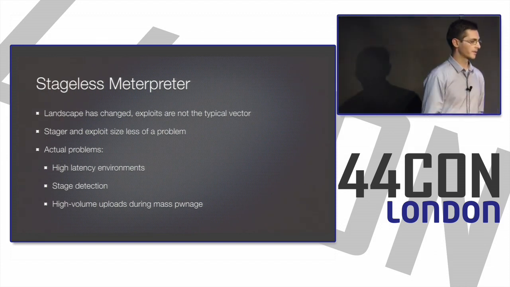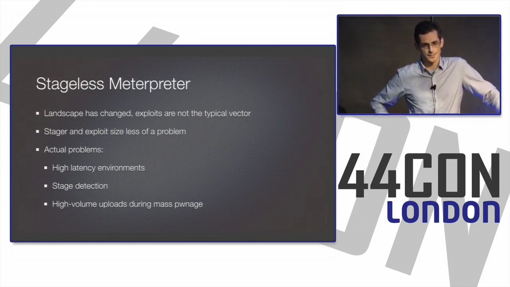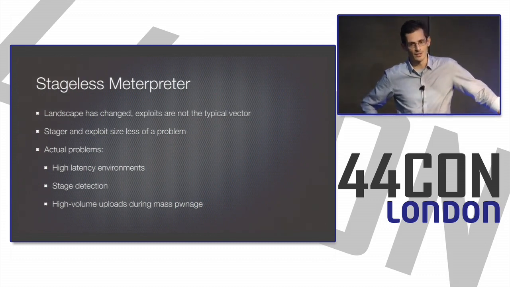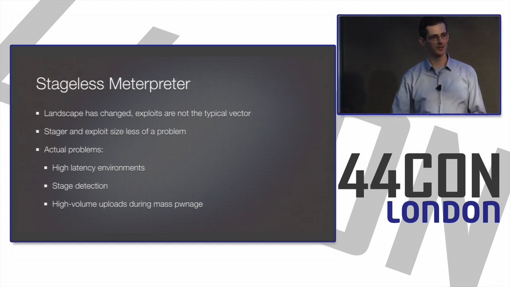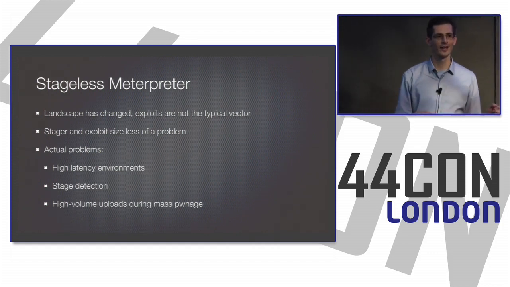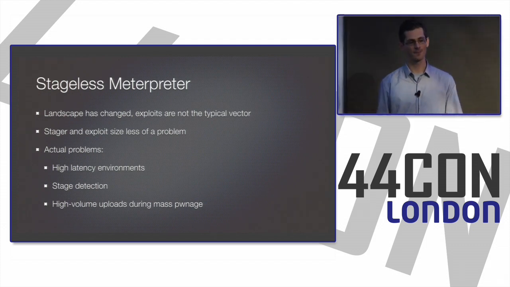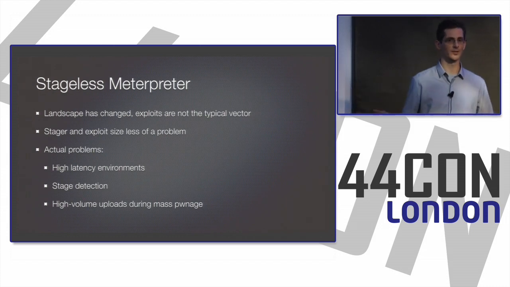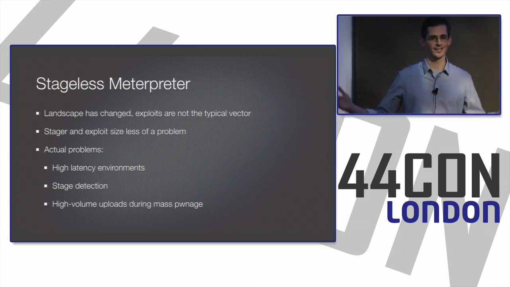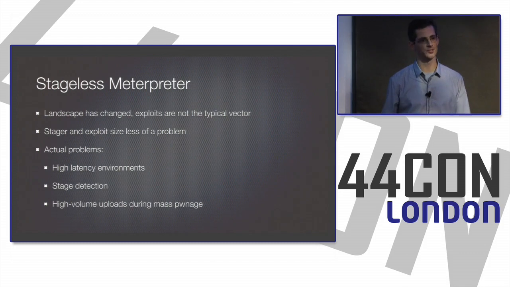This has changed my world because I'm from Australia and our internet sucks. If you shell someone remotely, say you modify GPO and shell everyone as they log in, which is fantastic, you end up with that million galloping horse problem because everyone logs in at the same time of day and your VM gets smashed with 1,000 connections.